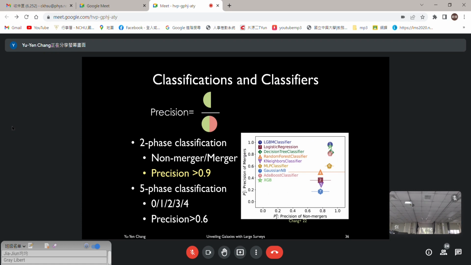As a result, we also test different classifiers, as you can see in the right plot. For non-mergers and mergers, the precision can be up to 0.9. And if we want to classify galaxies in different merging stages, we call it 5-phase classification: non-mergers, stage 1, stage 2, stage 3 to stage 4. The precision is up to 0.6.